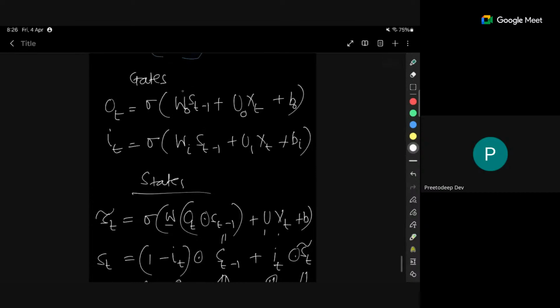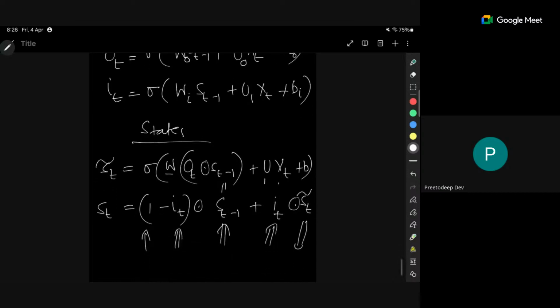So you have these W's output parameters, then input parameters, and then there is one hidden state, so a parameter for that.